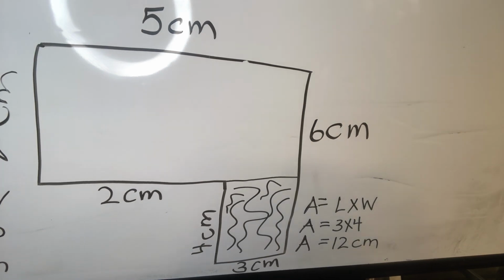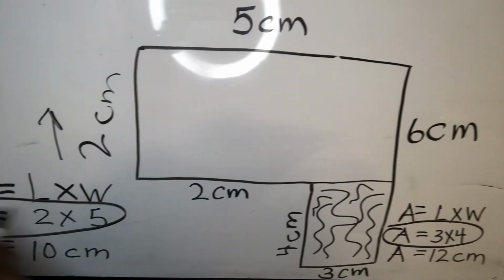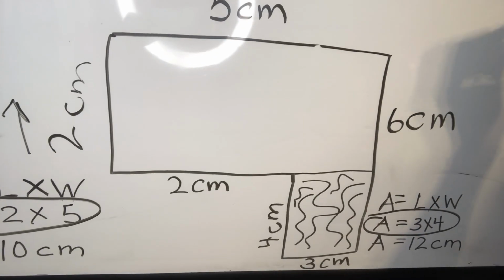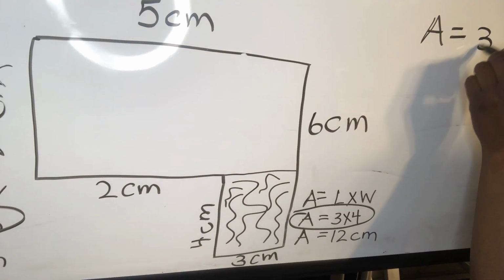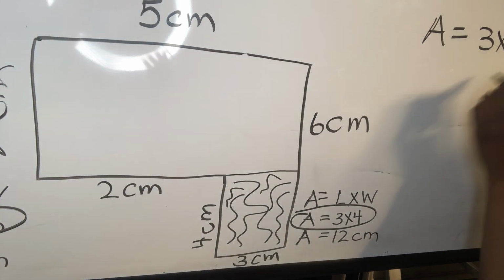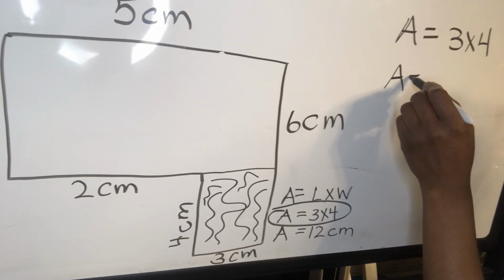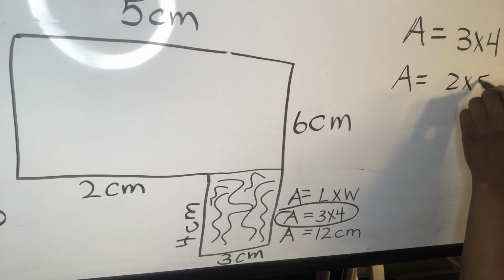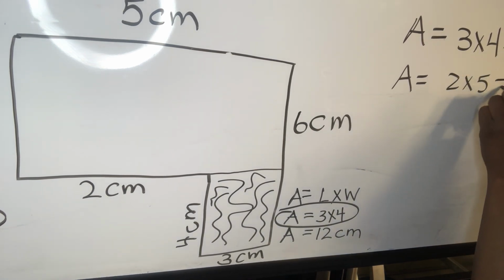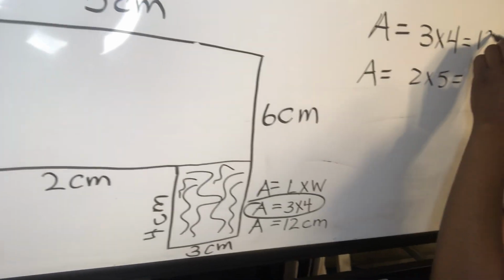All right, so like the problem said, we need to write two equations. So we have them both right here, and we're just going to restate them clearly so they can be seen. A equals 3 times 4, and A equals 2 times 5. We said 3 times 4 is 12.